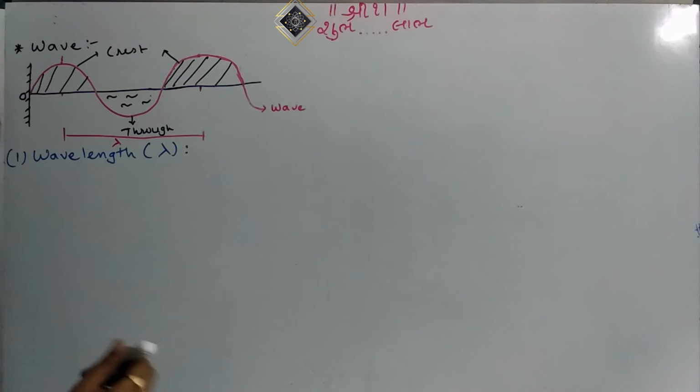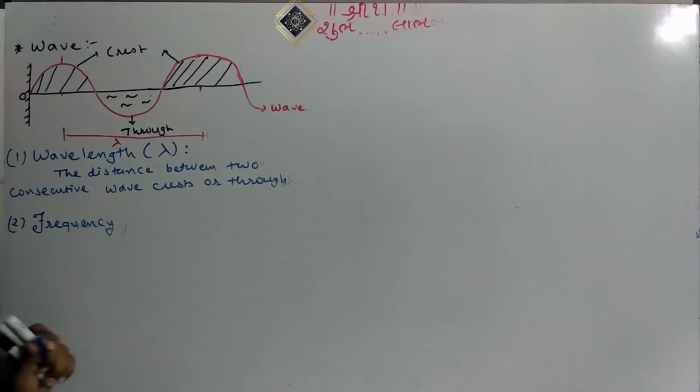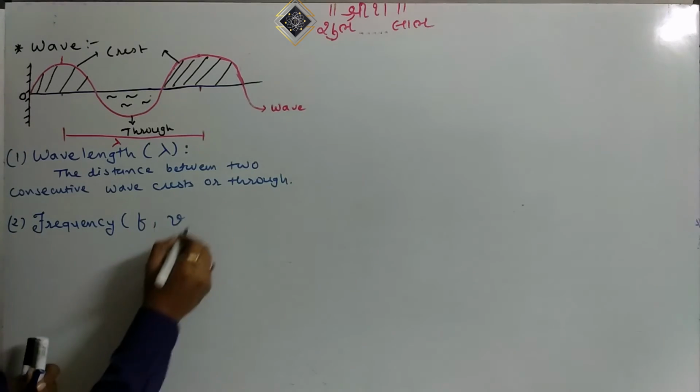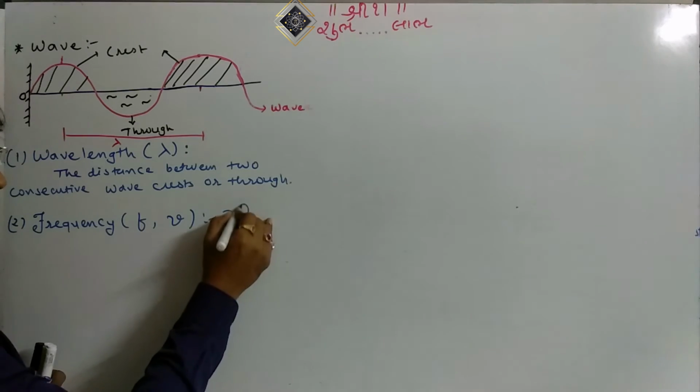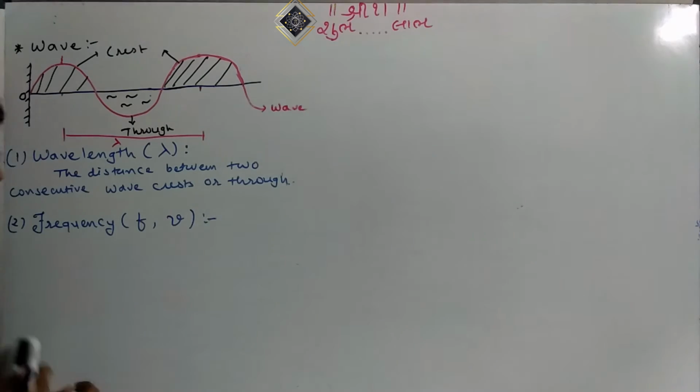The second definition that I would like to introduce is frequency. In physics, the symbol of frequency is f, but in chemistry it is mu. In physics, it is denoted by f.